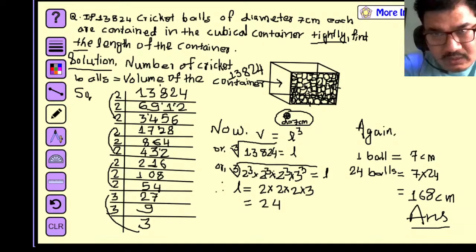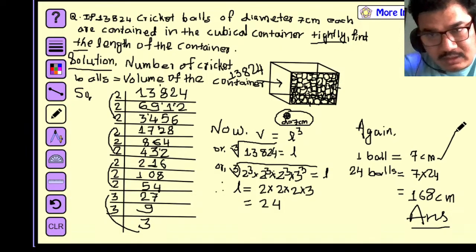As I told you, it is the cricket ball. When you have this cricket ball, the length from this to this one is the diameter. Like this ball, one ball equals 7 centimeter, as given in the question, and we got 24 balls kept in each side, and 24 balls equals 7 into 24.